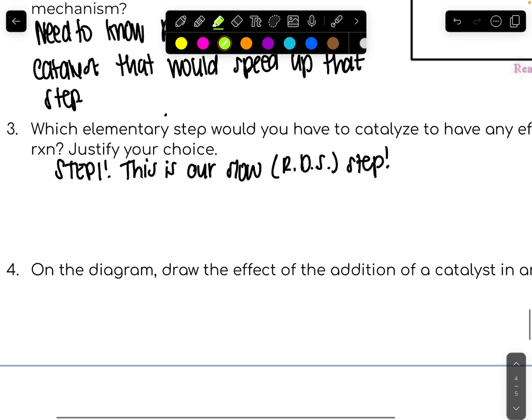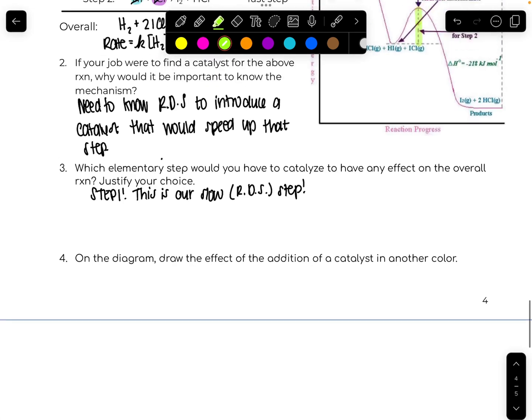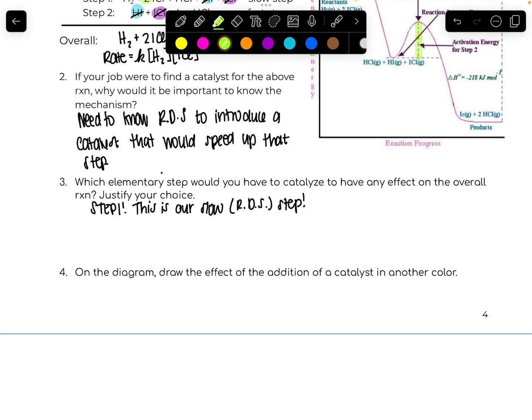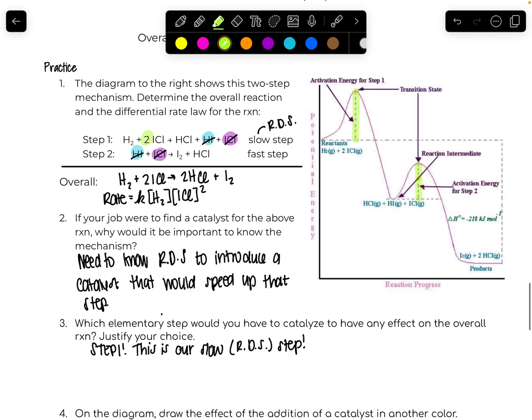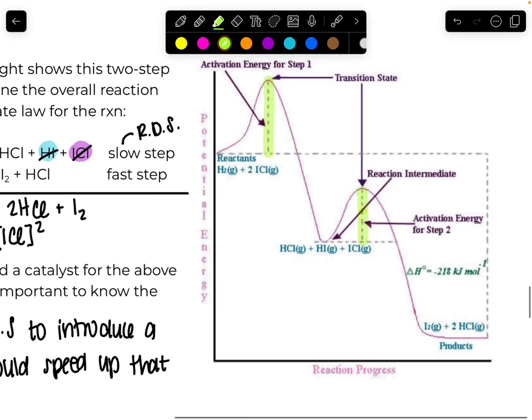So lastly, it's telling us to draw the effect of the addition of a catalyst in another color on this potential energy diagram here. So we would be adding our catalyst in for our slow step, step 1, which means we're going to lower the activation energy barrier of step 1. So what that would mean is I would draw a little section of my potential energy diagram like this that has a lower activation energy than the one that currently exists.